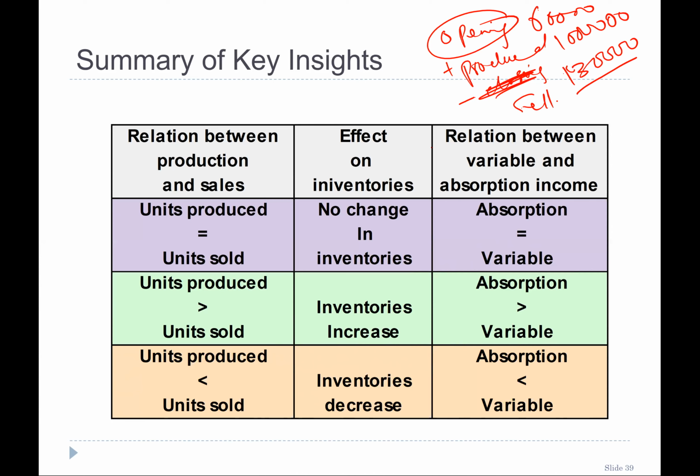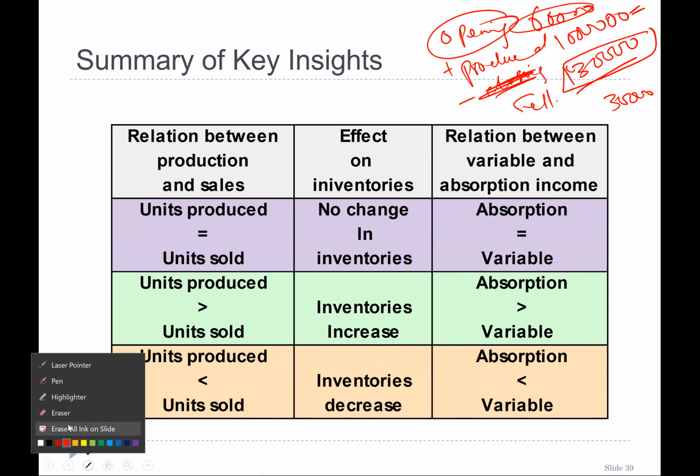Then ending is going to be 30,000. So we sell more than production, 100,000. We sell 130,000. So it's because we have opening inventory as well. Right? Clear?